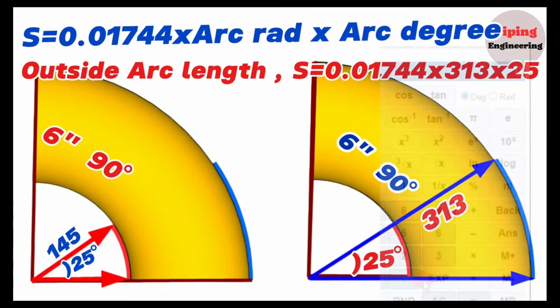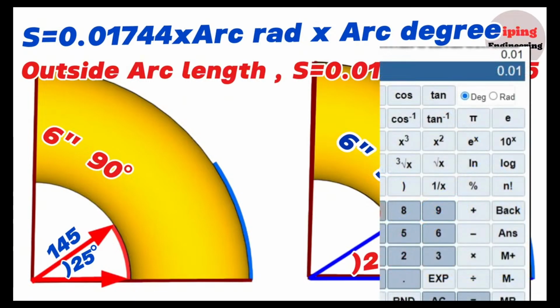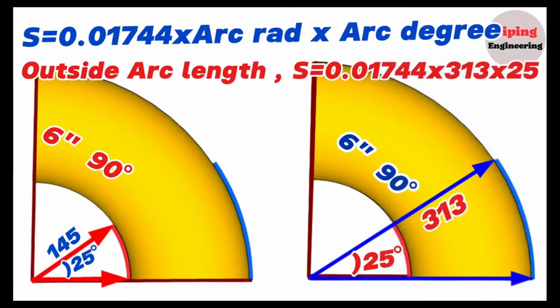Using the calculator, we find that 0.01744 multiply 313 multiply 25 will be equal to 136.5. So, the length of the outside blue color arc, S, will be equal to 136.5 millimeters.